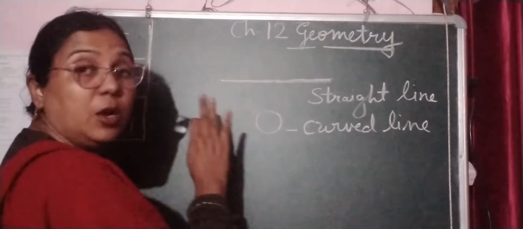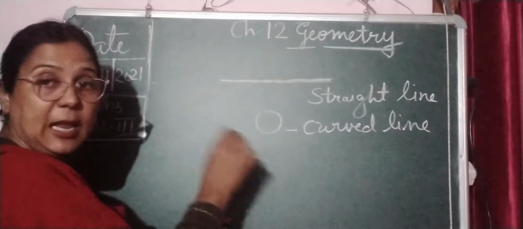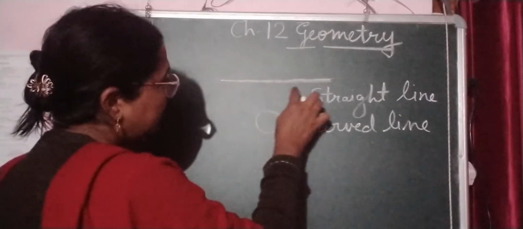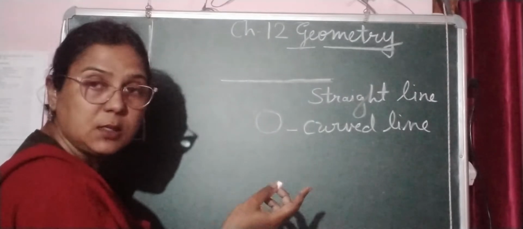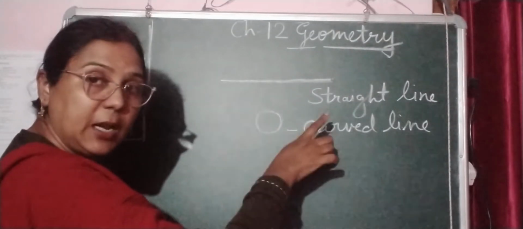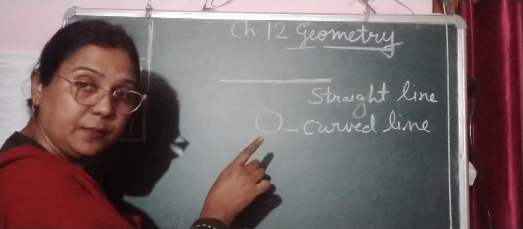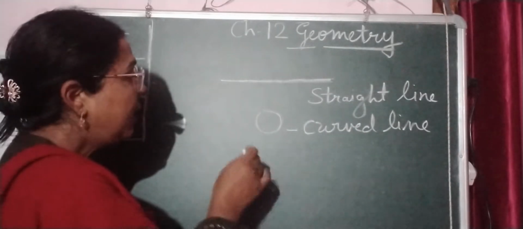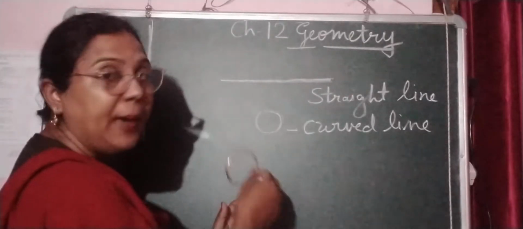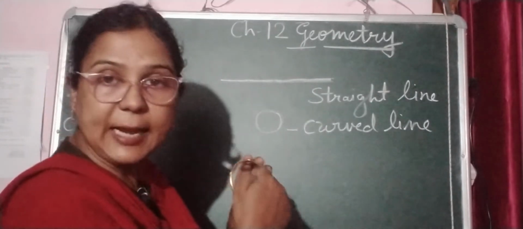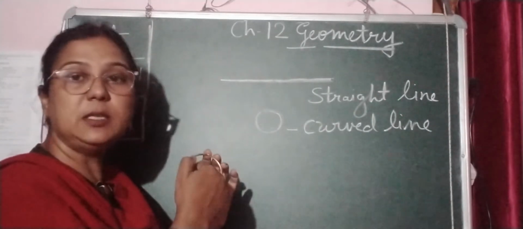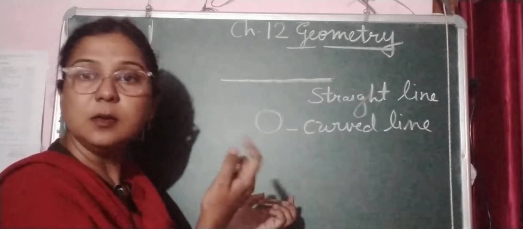If we draw a line beside a straight object, just like a pencil or matchbox, we can draw a straight line if the object is straight. Or if we draw inside a bangle or any circular object, we will get a curved line.